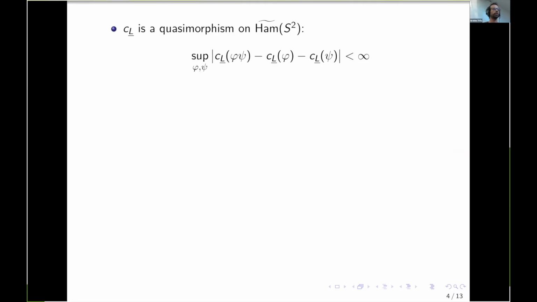Moreover, they show that the linked spectral invariants are quasimorphisms on Ham tilde of S2, meaning that the difference between the spectral invariant of phi psi and CL of phi plus CL of psi is bounded for every two elements phi and psi in Ham tilde of S2. You can think of this as meaning that CL is an honest group homomorphism up to some bounded error.